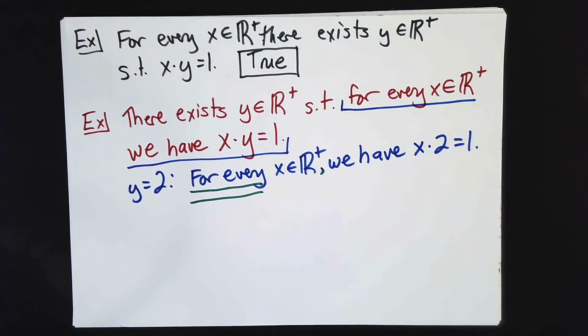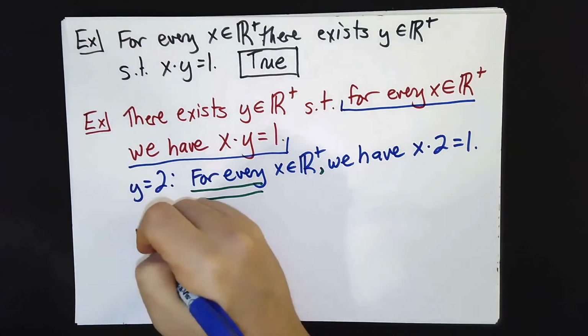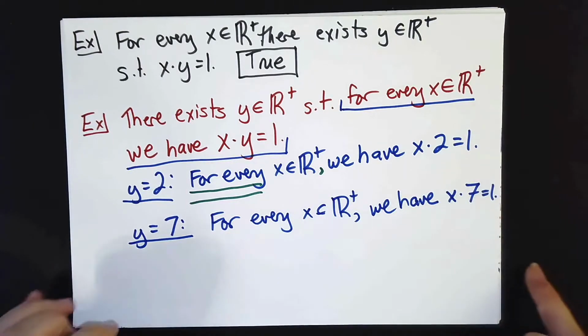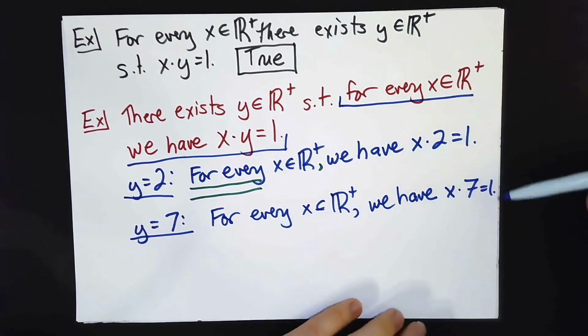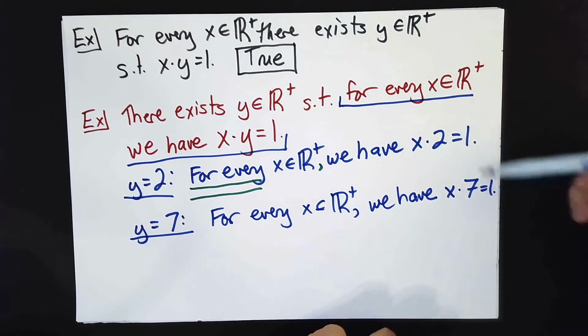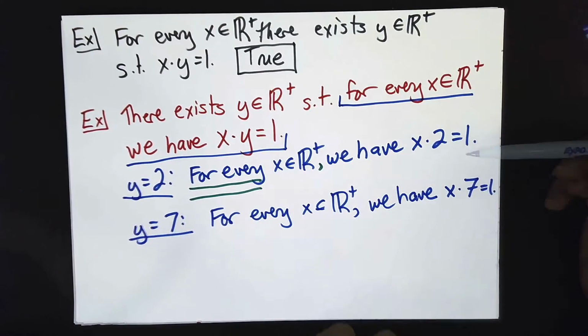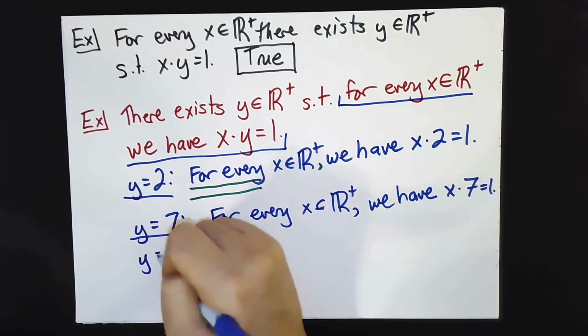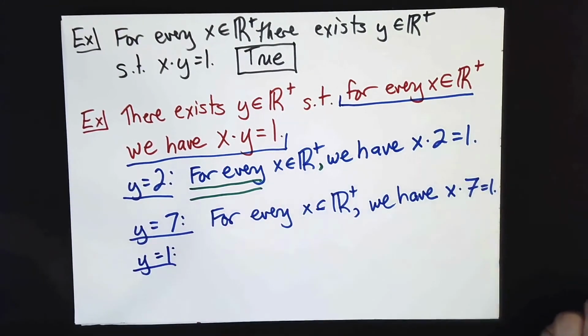Well, maybe this statement happens to work for y equals 7. If I took y equals 7, I would get the statement, for every x in R+, we have x times 7 equals 1. And this is just as transparently false as my previous attempt. At this point you're likely to be quite pessimistic, but you might think, oh, y equals 1 is kind of the obvious one to try.